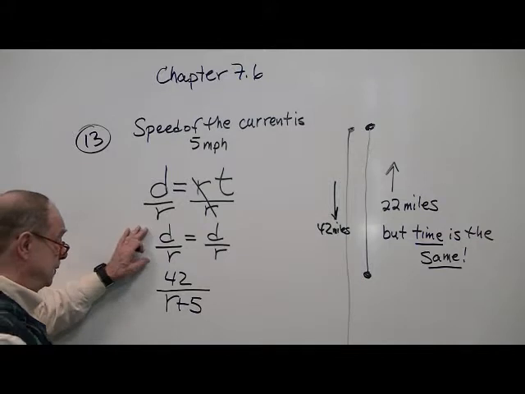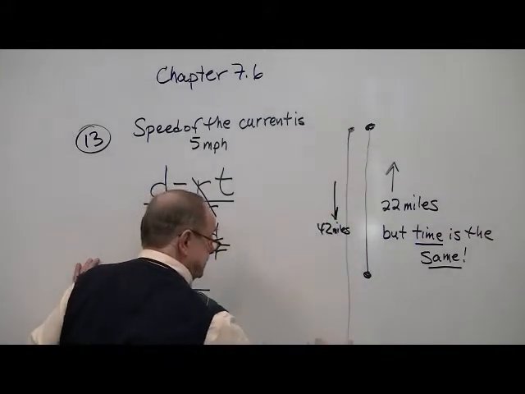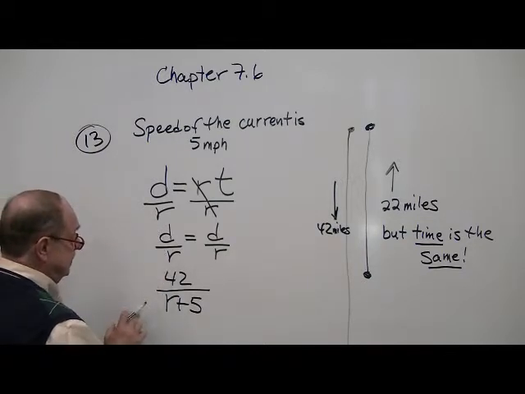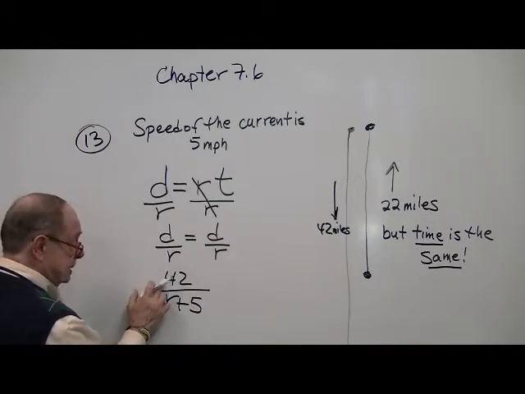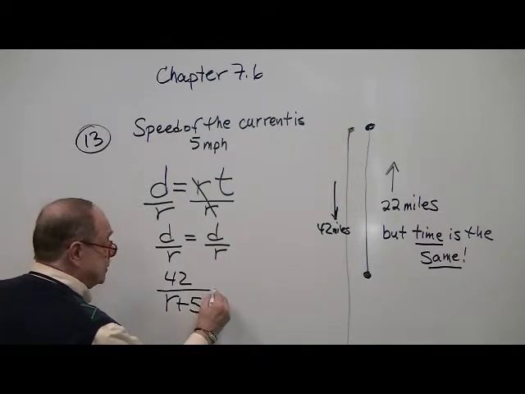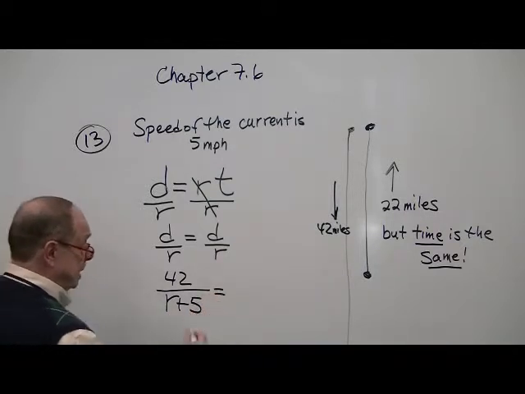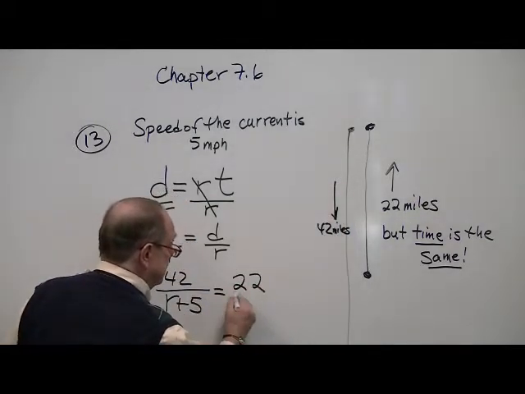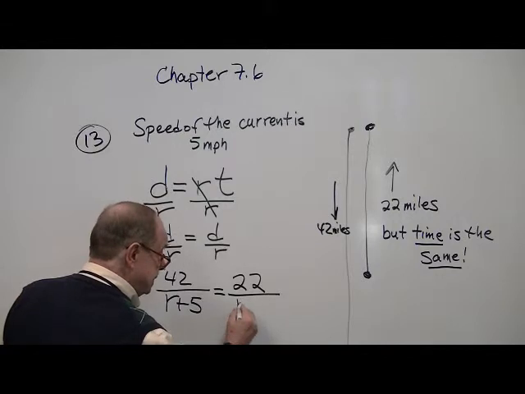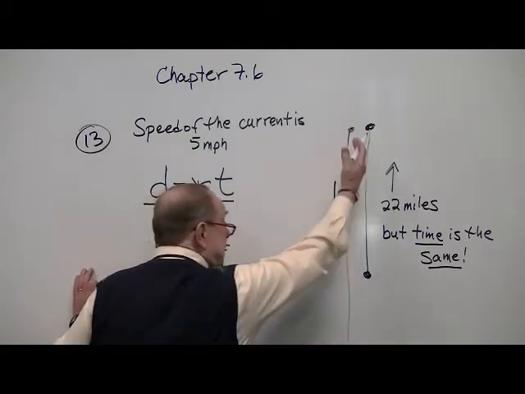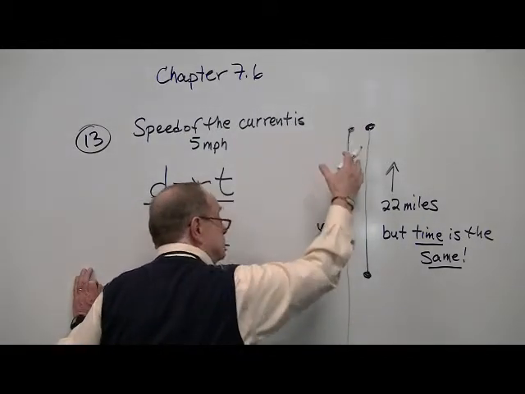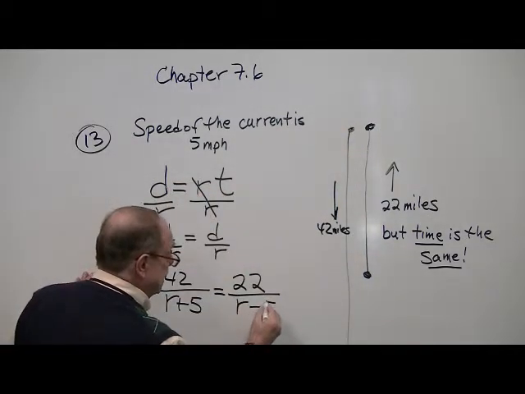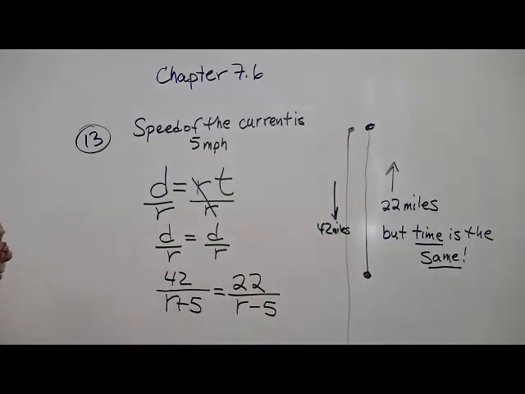So for this distance, we're having distance divided by rate equals distance divided by rate, and that's going to equal our other distance of 22 miles. And the rate is the same, but now you're going against the current as you go upstream. The current's pushing you, slowing you down. So there's your equation.